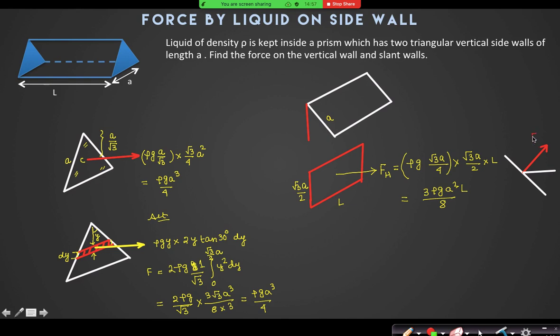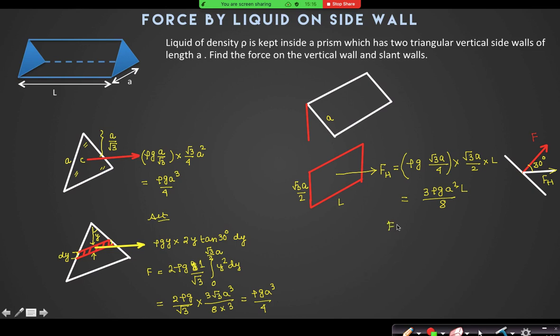If this is F, then we don't need to calculate the vertical force, because it will be the tan theta. I am not calculating the vertical force. I am calculating that F cos 30 degrees is equal to Fh, or not? Yes, sir, that method only.